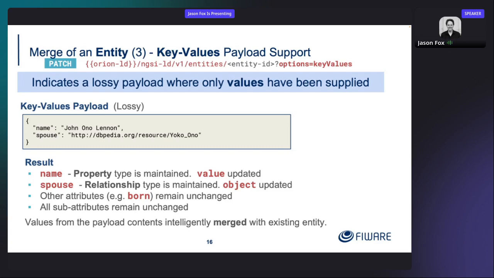It's an intelligent merge. Now, this means that you could, in theory, do a get using options key values, modify the values you want to change, and do a patch to update the same entity. Now, if you had any sense, you'd need to make sure that you updated the observed at as well.